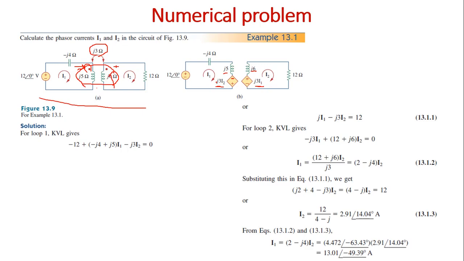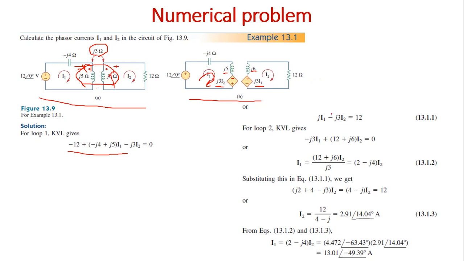Now we can directly apply KVL equations and solve the problem. Take loop 1, apply KVL. The voltage value is 12 volts, which is in polar form, converted into rectangular form, and write the KVL equation. So the voltage of 12 volts is equal to the drop across this plus this.